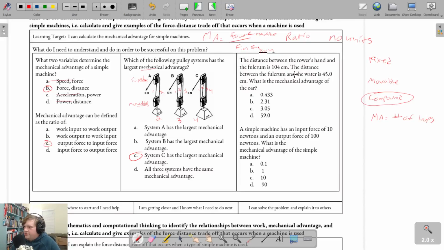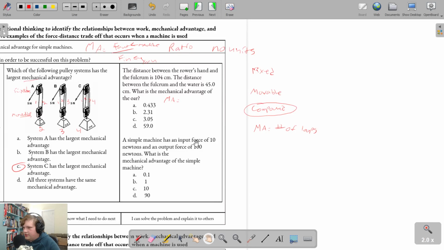Moving on. The distance between the rower's hand and the fulcrum is 104 centimeters. The distance between the fulcrum and the water is 45.0 centimeters. What is the mechanical advantage of the oar? So we have mechanical advantage of levers. Mechanical advantage is force out over force in, but the problem doesn't give us force, it gives us distance.